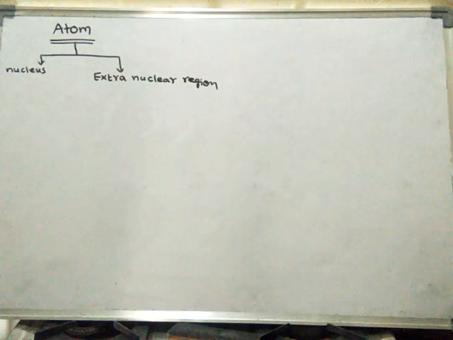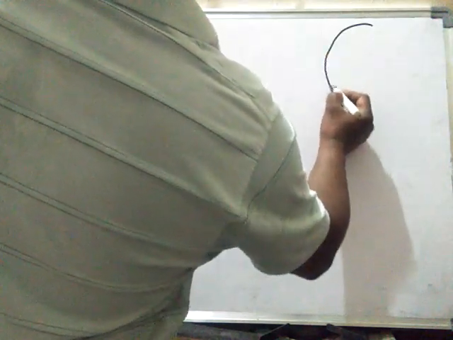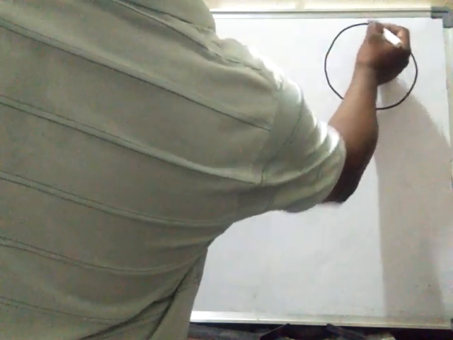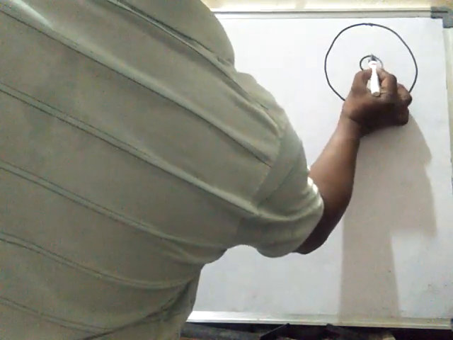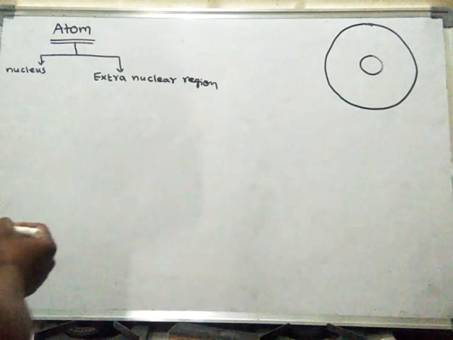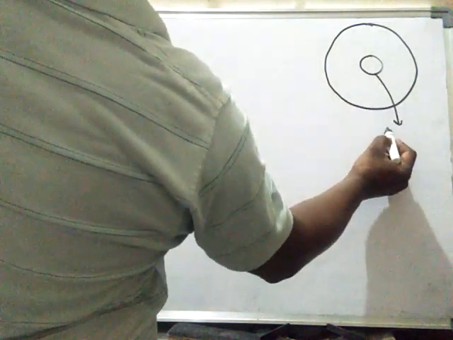Yesterday we were learning about the atom. Atom is a spherical structure, and in the center of the atom you will find the nucleus.